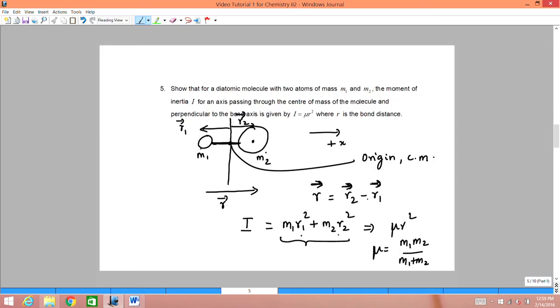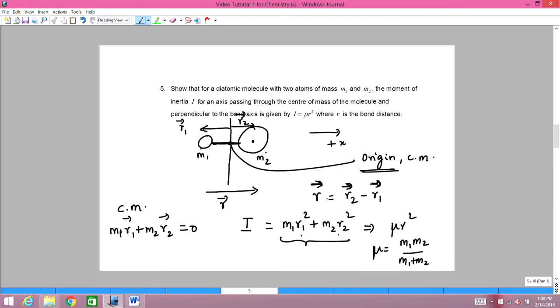Okay. And the distance vector r is related to the two vectors r2 and r1 by this choice, but also please remember the definition of the center of mass means the following, that m1 vector r1 plus m2 vector r2, that should be 0, because the center of mass is also the origin. Therefore, if it is a pure vibration without the molecule moving anywhere, then the pure vibration essentially means that the center of mass remains where it is.